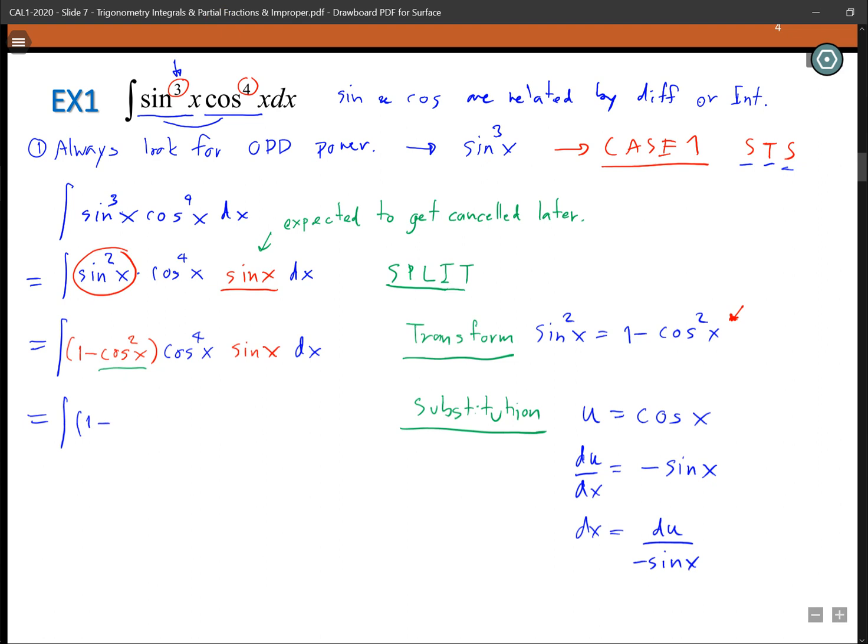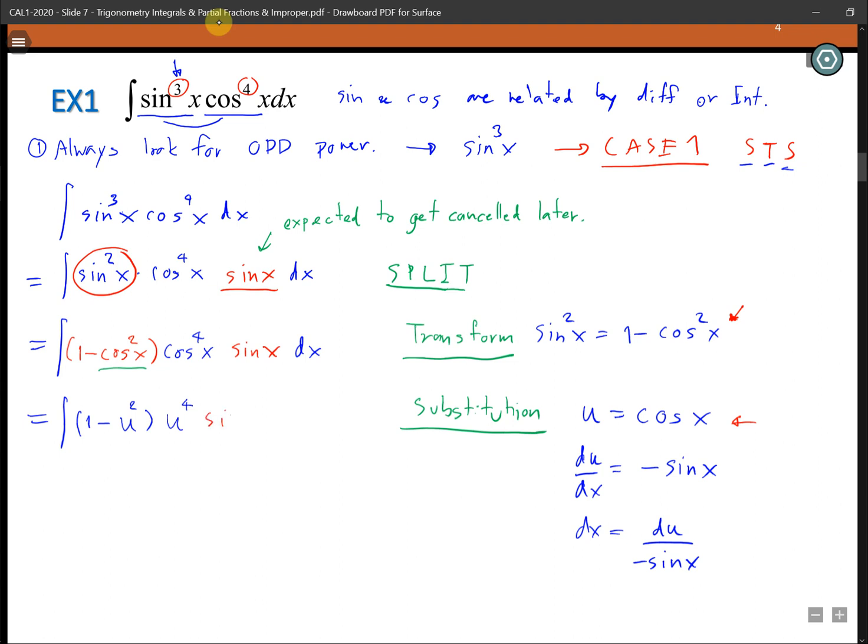1 minus cosine of x squared, and we can see that u equals cosine of x, so this becomes u squared. Cosine of x to the power of 4, we use the substitution, this becomes u to the power of 4.